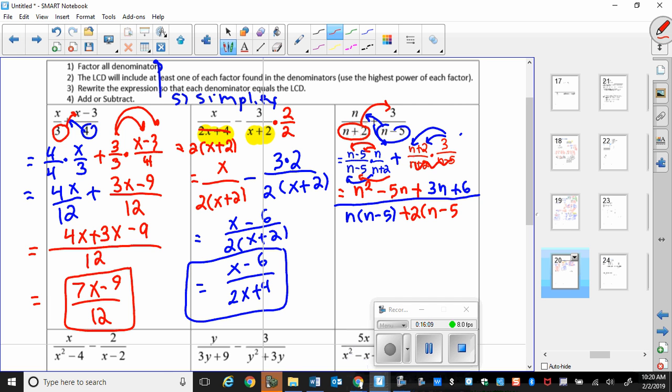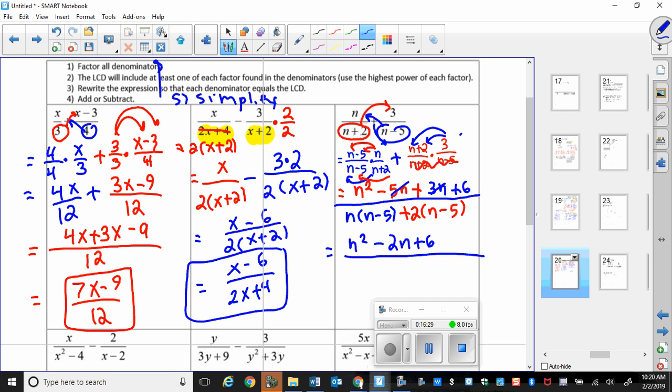So I don't have to worry about that part because they're going to be combined. All right. This equals n squared minus, these are like terms, negative 2n's plus 6.